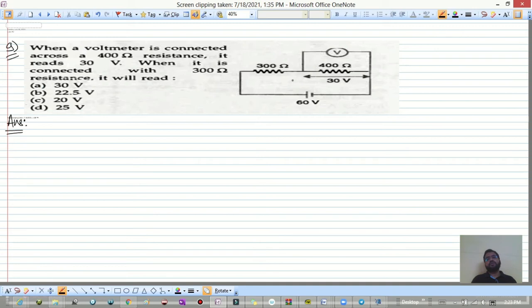Now if it is connected with 300 ohm resistance, it will read. Chalo. So firstly, we'll calculate what is the resistance of a voltmeter, the internal resistance of a voltmeter.